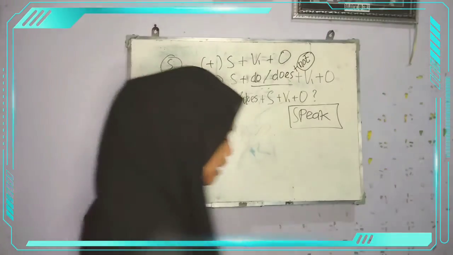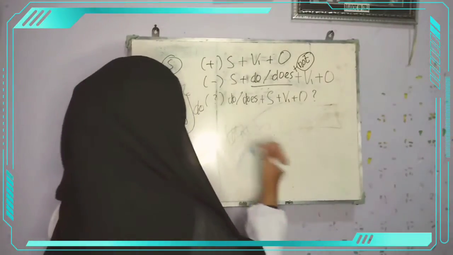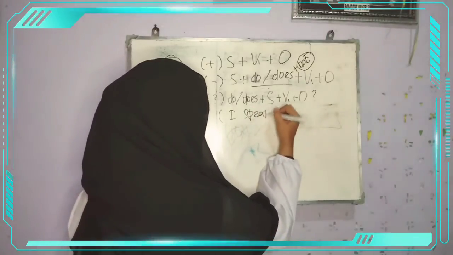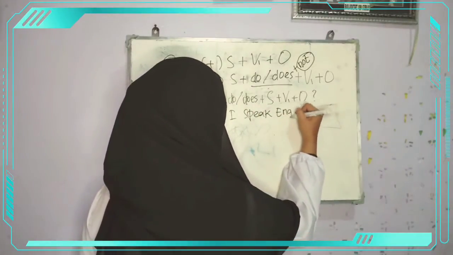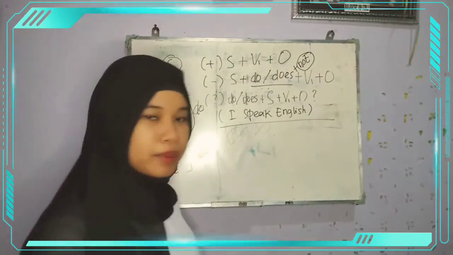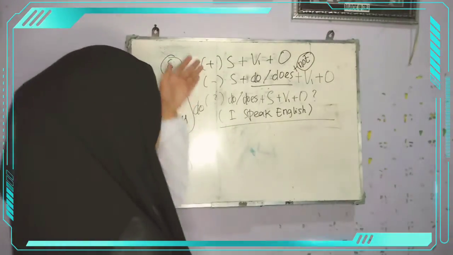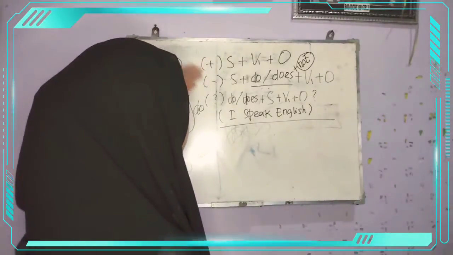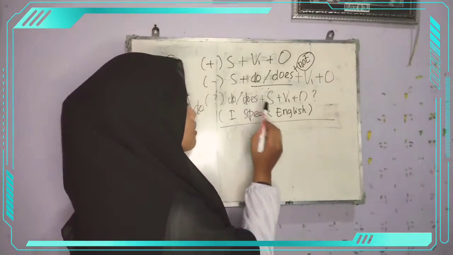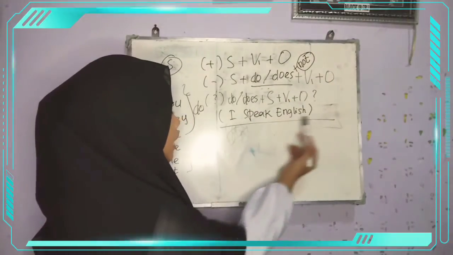This is an example of simple present, I speak English. It is for the positive pattern, and for the negative pattern we use I don't speak English, I do plus not speak English.